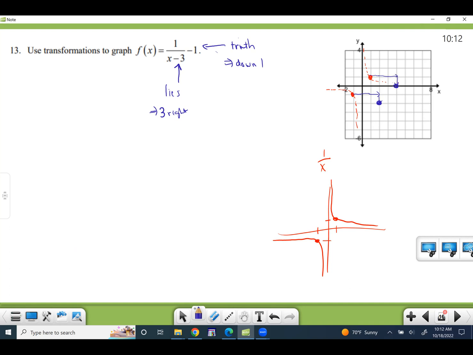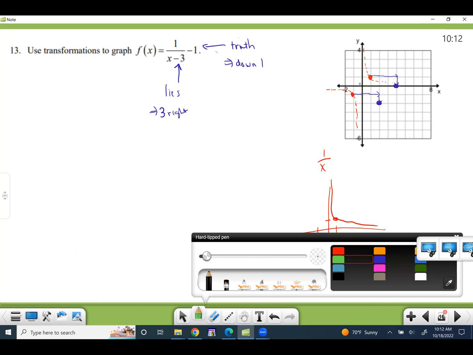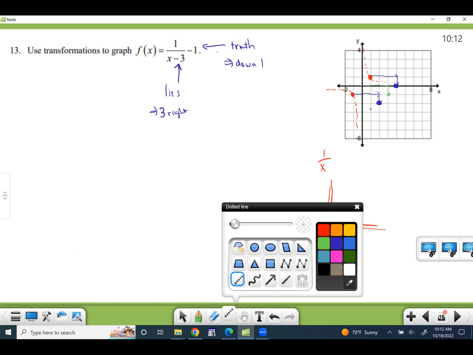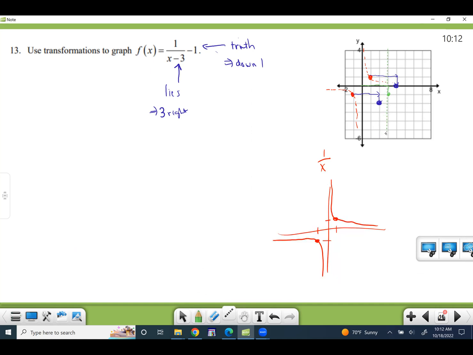And by the way, I like to move the axis too. The origin, 1, 2, 3, down 1. That's going to be the new origin. And why that's important is because there is a vertical asymptote and a horizontal asymptote at the origin, which means we're going to need a vertical asymptote and a horizontal asymptote at the new origin.